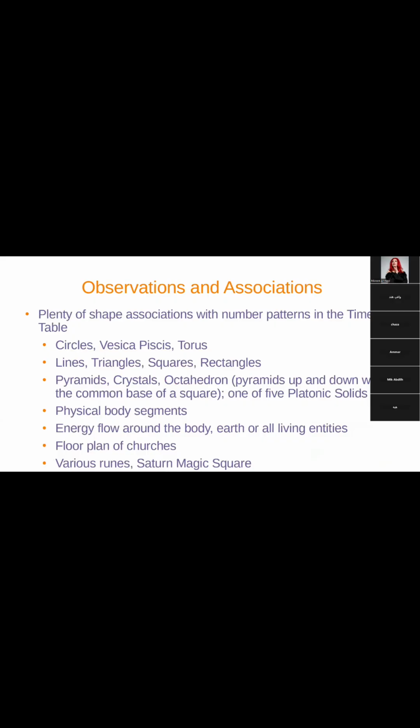Observations and associations. There are plenty of shapes associated with number patterns in the times table: circles, vesica piscis, curves, lines, triangles, squares, and rectangles, pyramids, crystals, the octahedron, which is the pyramid pointing up and the pyramid pointing down, with the common base of the square, which is one of the 5 platonic solids, the physical body segments, energy flow around the body, earth and all living entities, and floor plans of churches, various runes, and Saturn magic square.